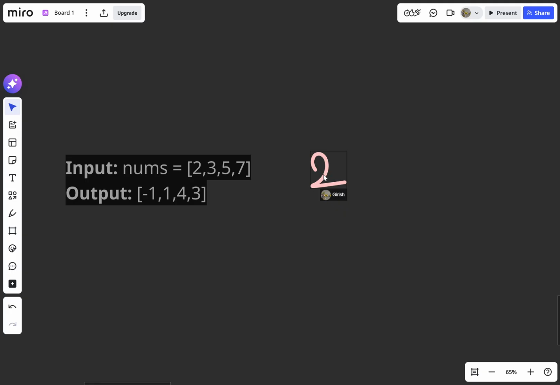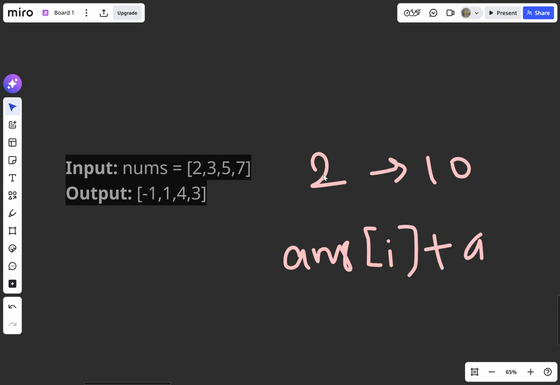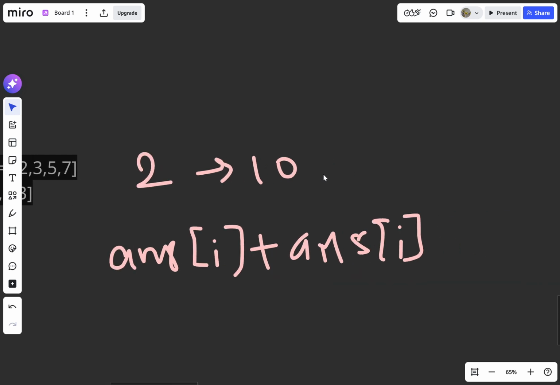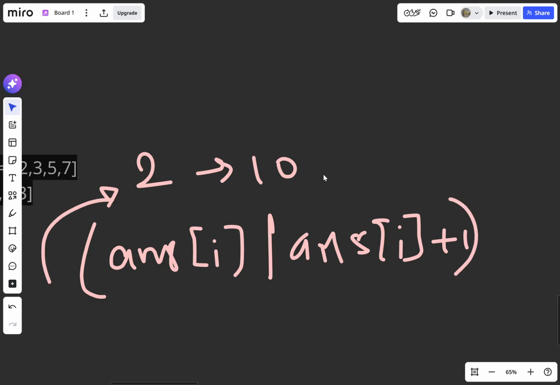So for 2 its binary representation will be this. Now we have to find such an answer of i, where answer of i OR answer of i plus 1 gives the bitwise OR that should be 2.